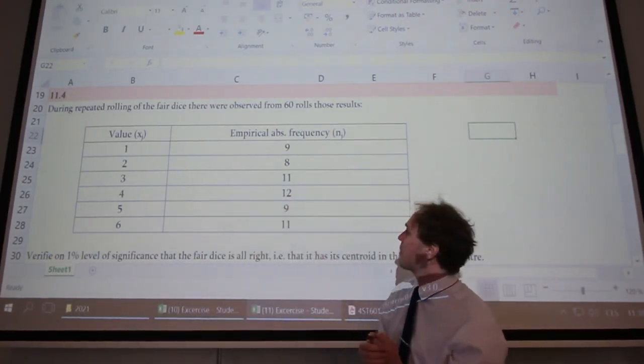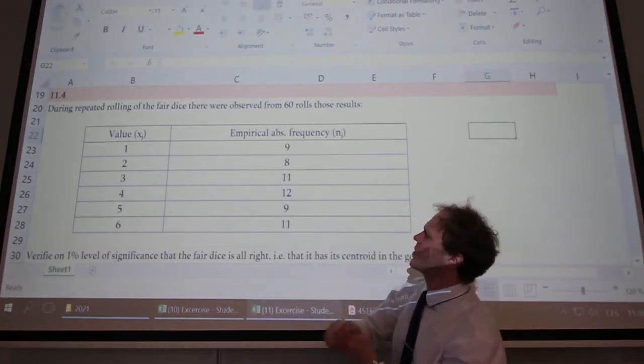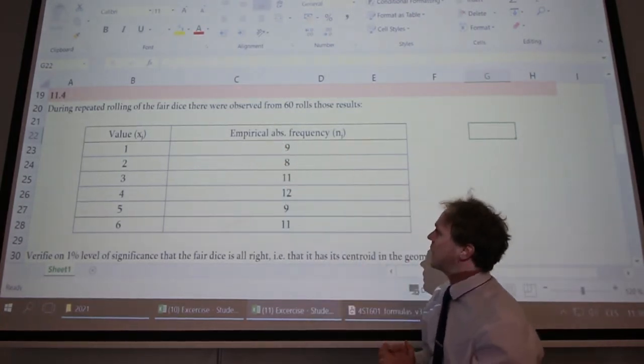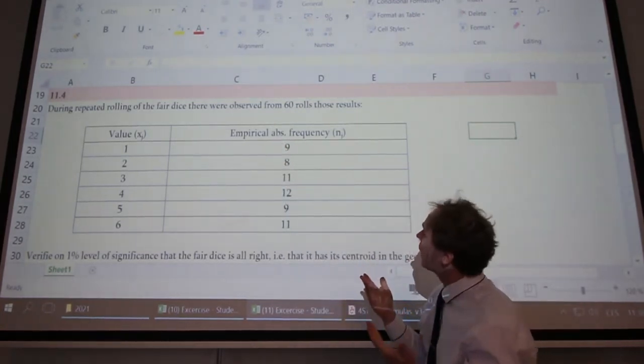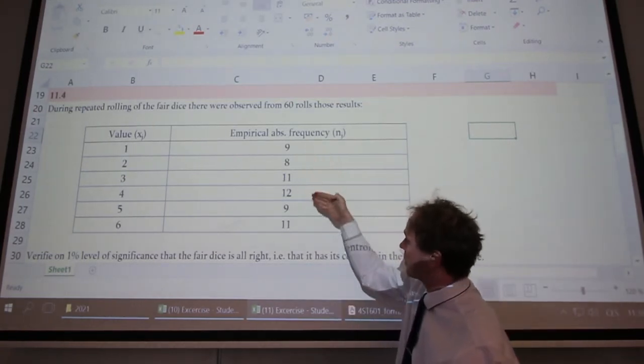This is my expectation, but the reality is different. The empirical absolute frequencies differ from 10, 10, 10, 10, 10, 10.